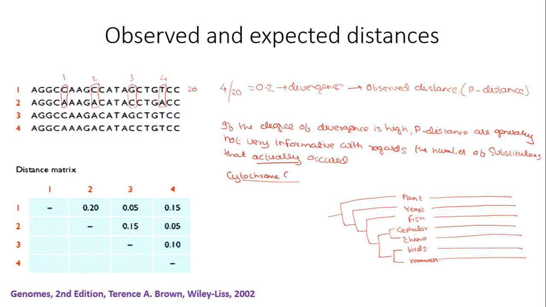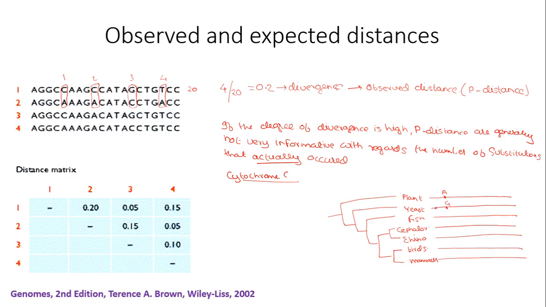In this particular example, we have cytochrome C sequences from different genera that correspond to various life forms on our planet Earth. Now we might observe that there is a difference, for example A in plant, at this position in cytochrome C, and we have G at the same position in yeast, right?